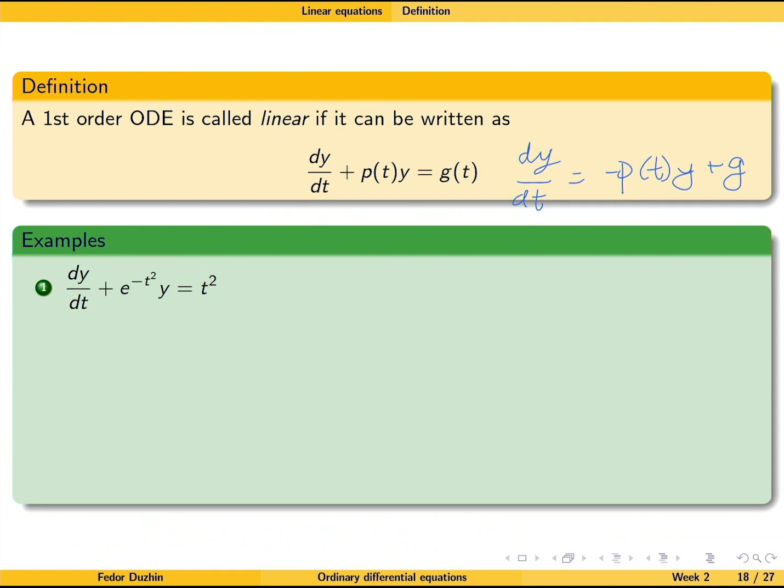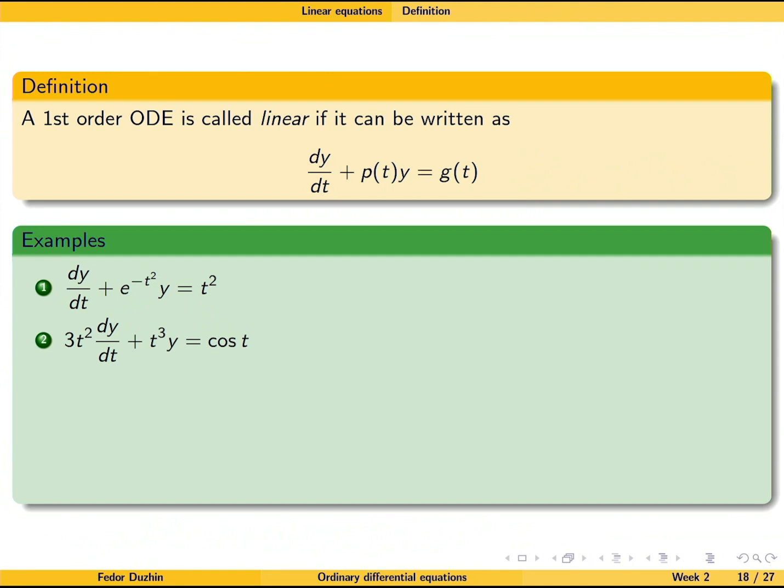So here is an example. This is my p of t. This is my g of t. So here is another example. Of course, here we can easily rewrite it. So we can divide it by 3 squared.